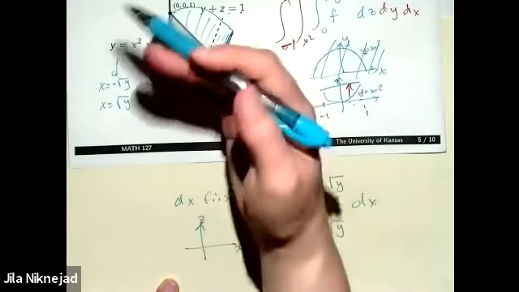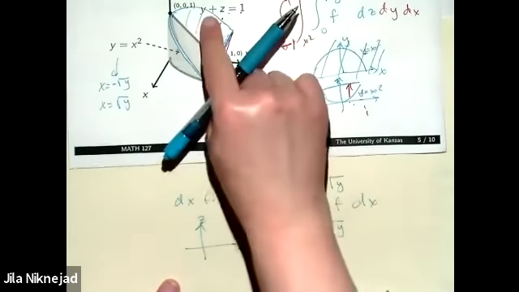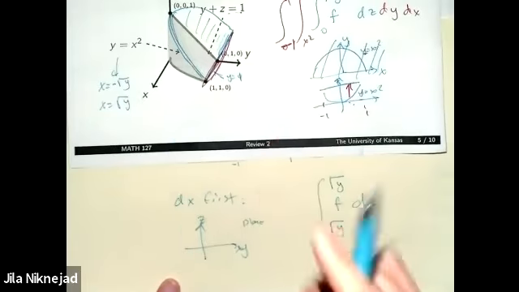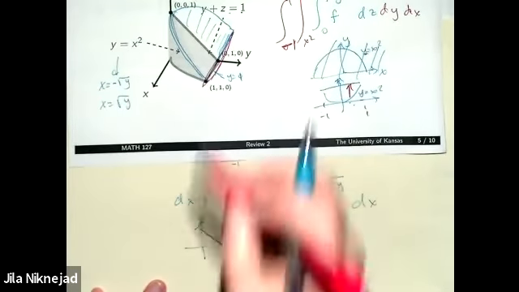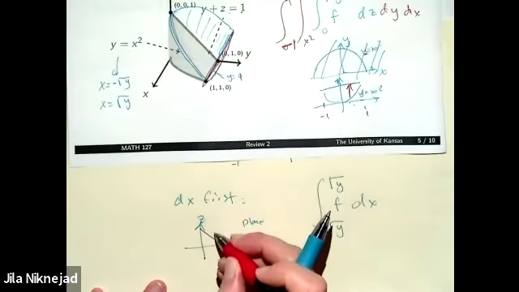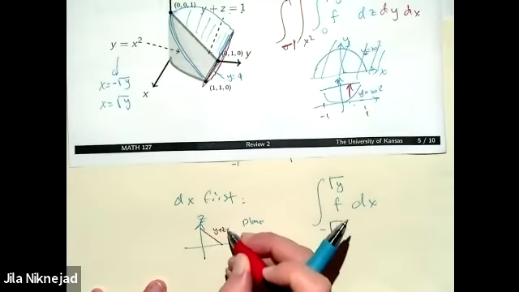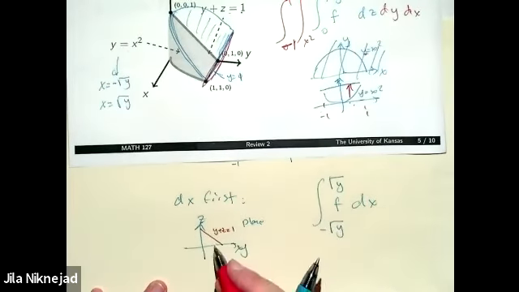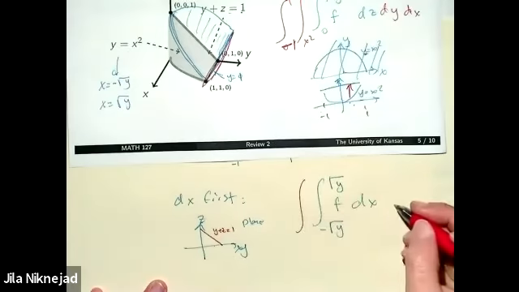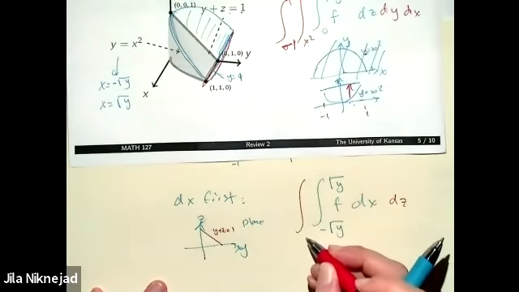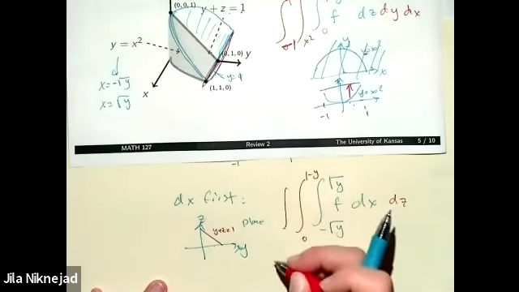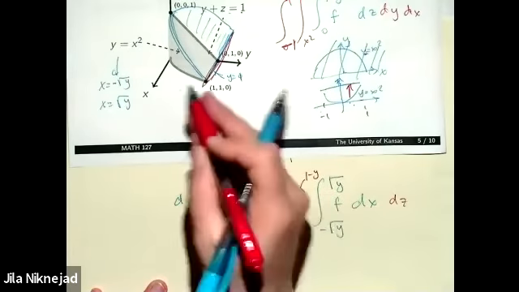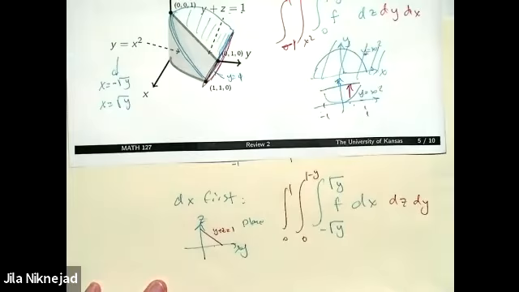The maximum is when y plus z equal to 1 is intersecting x equal to 0. So I have y plus z equal to 1. The most inner can be x or y or z. It doesn't matter. The same level of difficulty. Z from 0 to 1 minus y, and y runs from 0 to 1, obviously, in the picture.